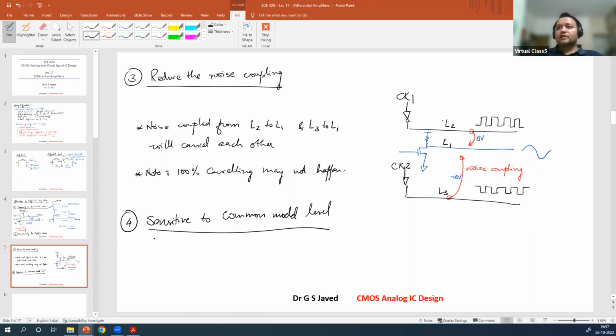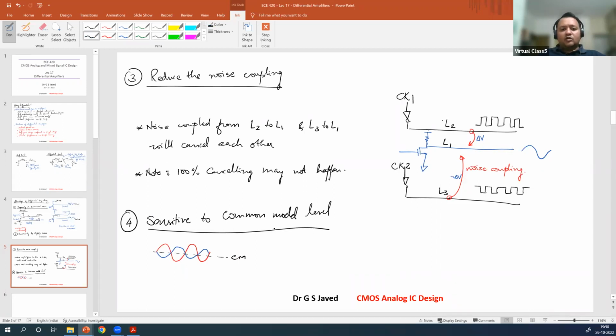The best way of showing this is an example: suppose you have two signals. One signal is this way, the other signal is this way. This is signal 1, signal 2, and they have a common mode level like this.